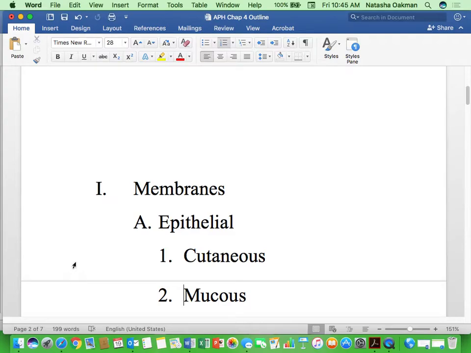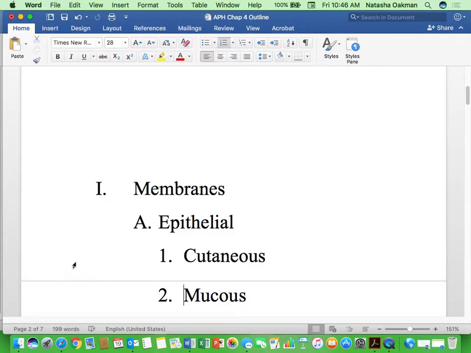So these tissues secrete. Is this still the epithelium? Yes, well, just the tissue in general, the mucosa. They secrete, for instance in the respiratory tract, a substance that helps with gas exchange.